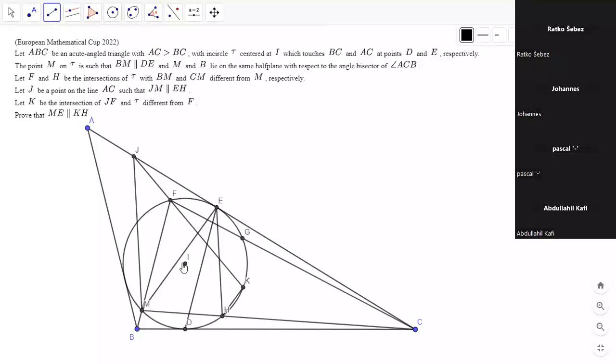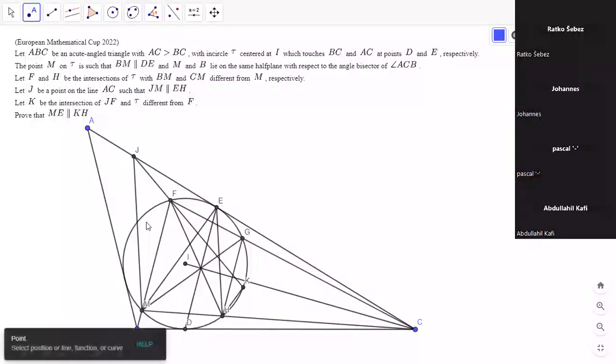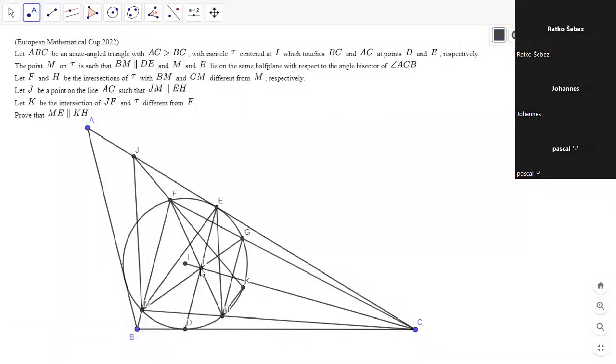CI? Yeah. Oh, and by they I mean MG and FH, sorry. And that's actually pretty easy to show, all of that.